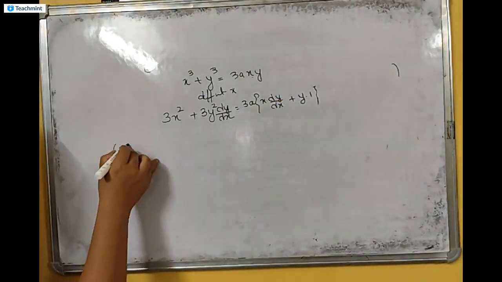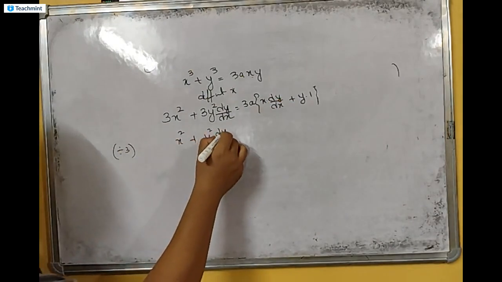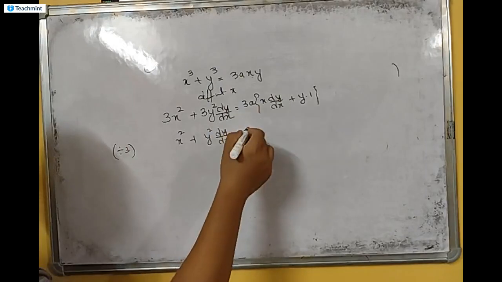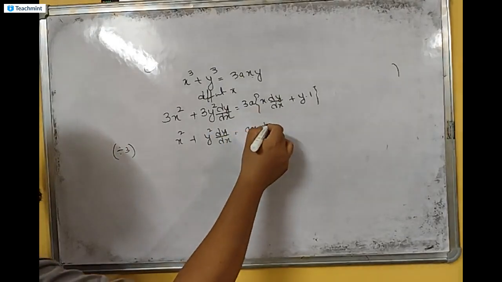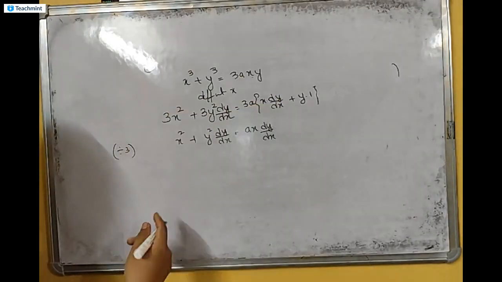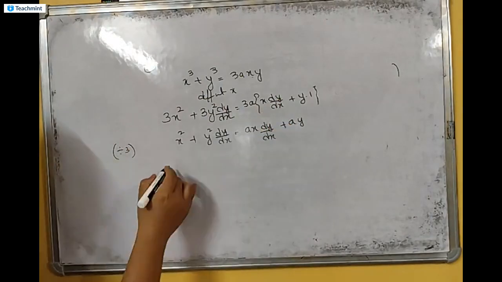Divide everything by 3 and tell me what you get. x squared plus y squared dy by dx is equal to a, open the bracket also, x dy by dx. What I have done is, I have divided everything by 3 and I am multiplying also. a into x dy by dx plus ay. Now bring dy by dx on one side.